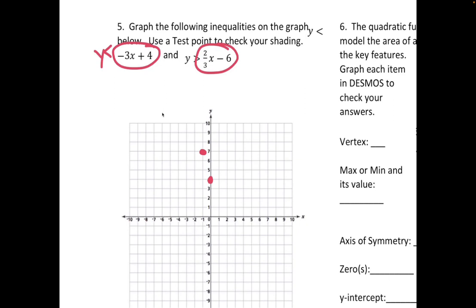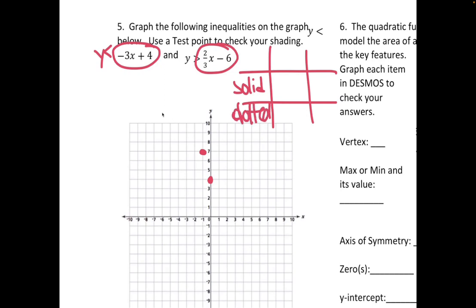Now, I want you to remember a couple of things. If you remember the tic-tac-toe board when we did this, we have solid and we have dotted lines. And then when we do inequalities, we have shading, right? So we have above and below shading. If it's solid, it's going to have that or equal to, right?